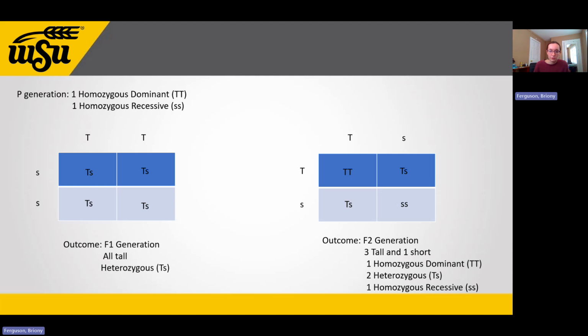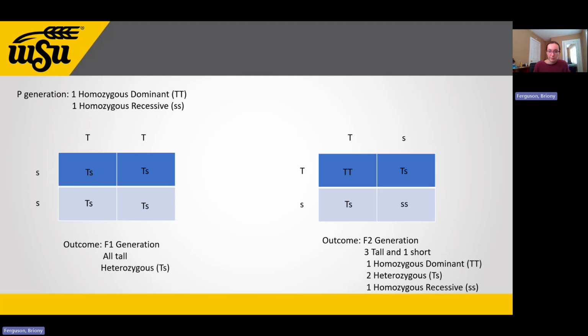So you're going to show this for your genotypic ratio as 1 to 2 to 1. You're going to do it this way because we tend to want to keep that recessive allele the furthest down. So you want to start with your most dominant and end with your most recessive.